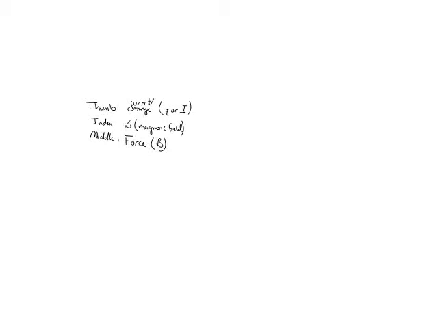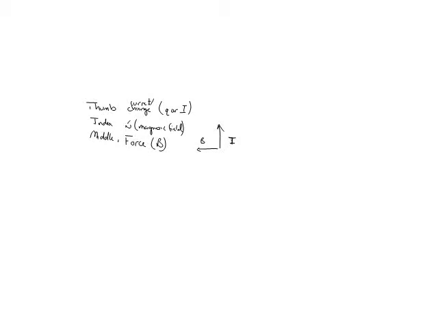So let's do a little practice here. We have current this way and magnetic field this way. So put your thumb in the direction of current. Put your middle finger in the direction of the magnetic field. And then you'll see that force is your middle finger. I just keep all 3 together.